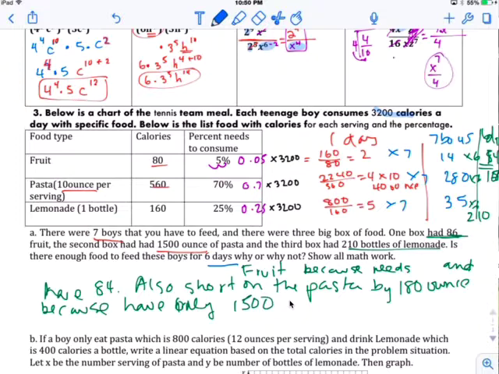10:50. Have enough fruit because needs 84 and have 86 in the box. See, the box had 86 fruit. Also short, but short on pasta.